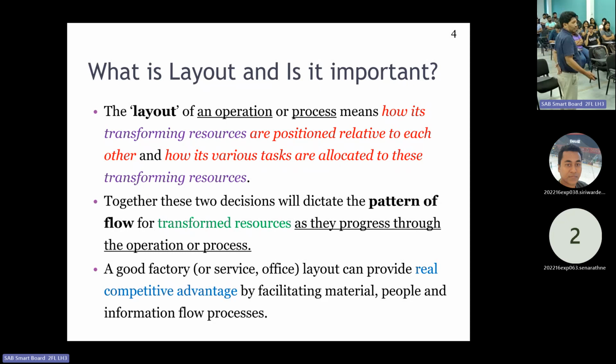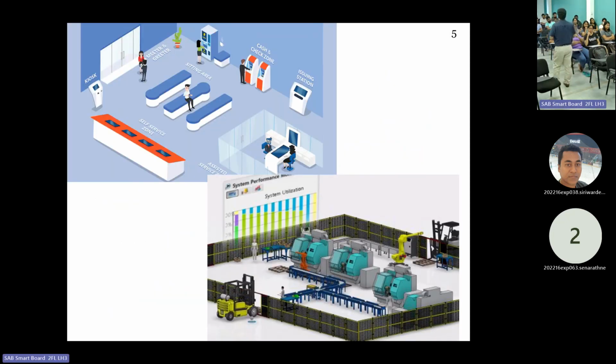So who is involved in the layout decisions? Can an operations manager, using their requirements, do that alone? Or not? There's a technology concept, so technology experts should be involved here.